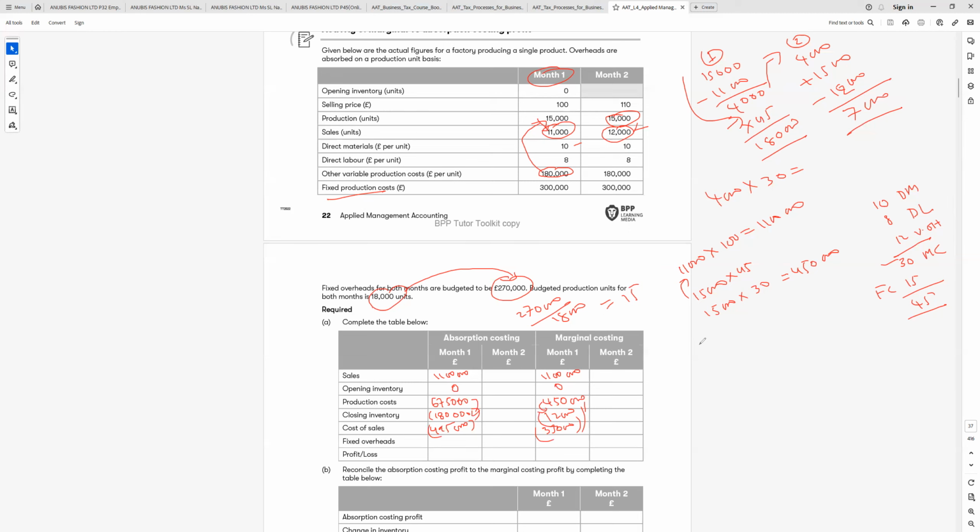We said for 15,000 units, it will be 15, only the fixed cost, remember that, multiplied by 15,000, and that will be 225.